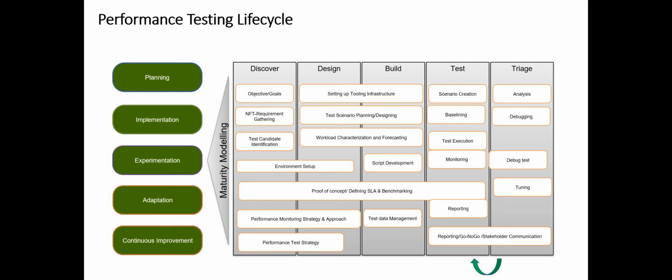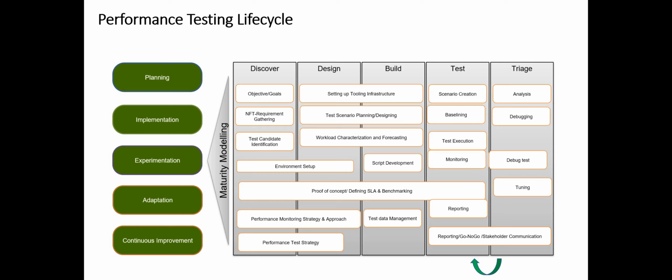Then defining the SLAs and benchmarking. In some good, standard projects, they define the SLAs upfront. They will tell you within how much time a particular transaction needs to respond. They will give industry standards as well. So they give those service level agreements upfront. A service level agreement is nothing but what we are agreeing to.